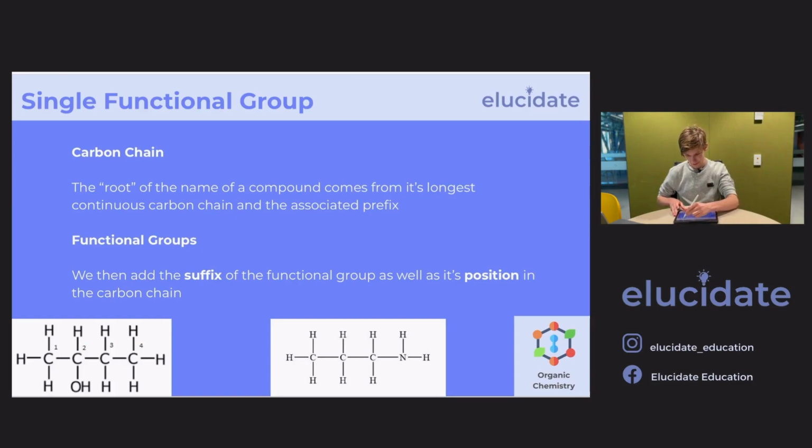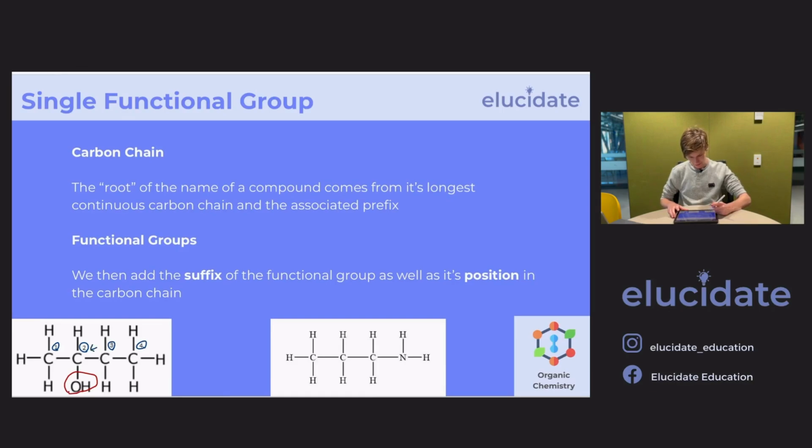In this example, we can see an alcohol functional group down here, and that's all that we have. Looking at the length of the carbon chain, we've got one carbon here, one here, one here, and one here. That's 4 in total. The alcohol is in position 2.